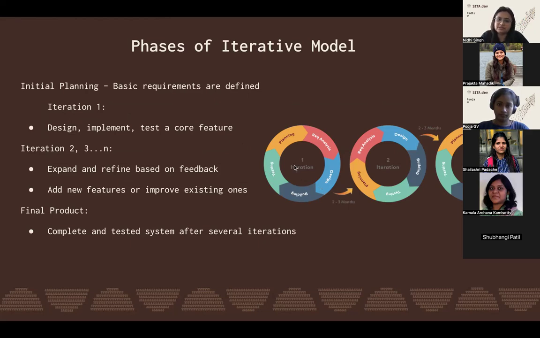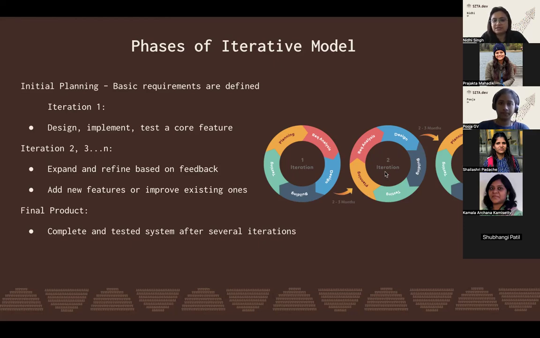Suppose I made a software, then it goes for customer feedback. The customer says, no, I want this thing included in the project. Suppose you have added only Paytm or PayPal, and I want different credit card options in the payment options. So I go through the same phases again: planning, design, building, testing.